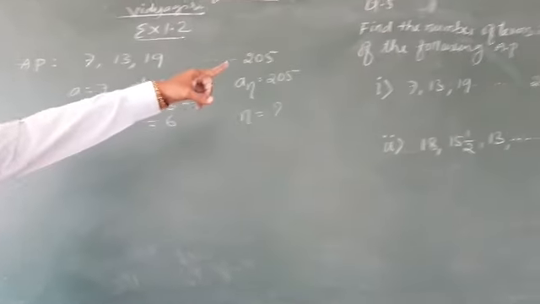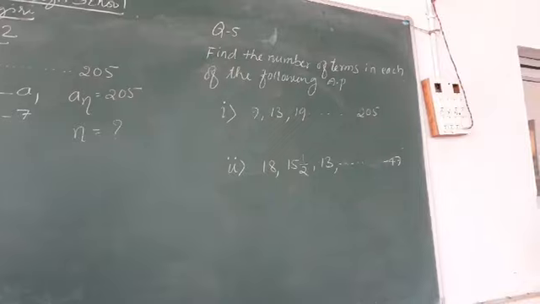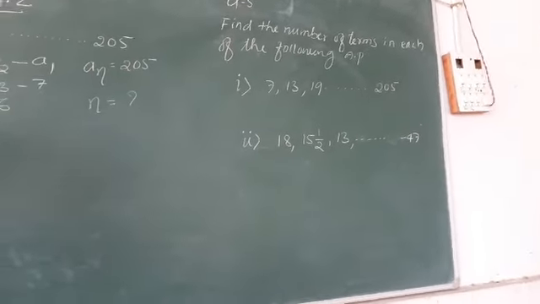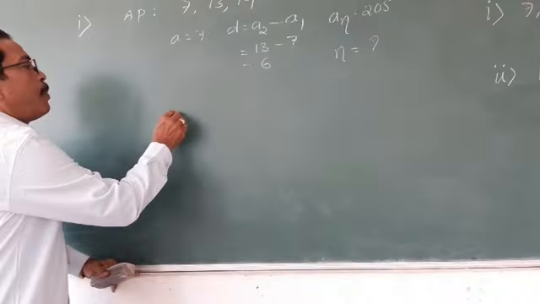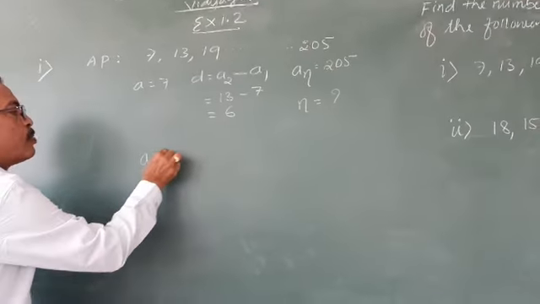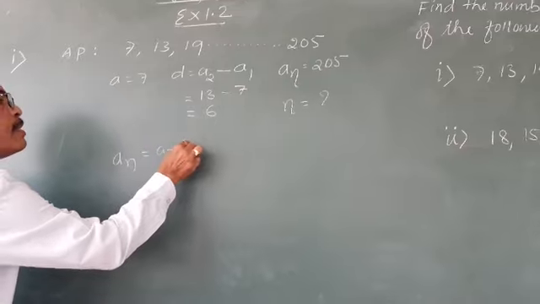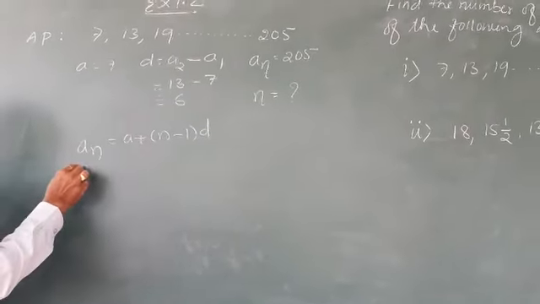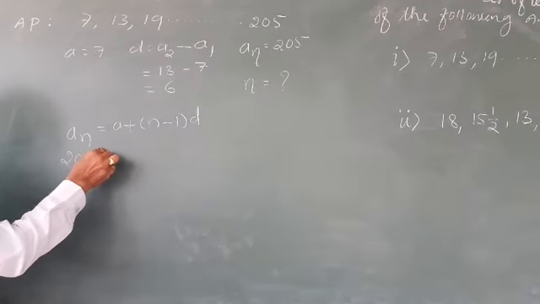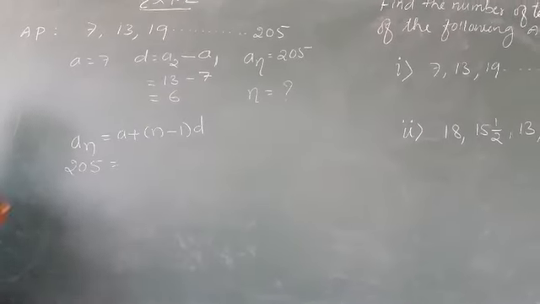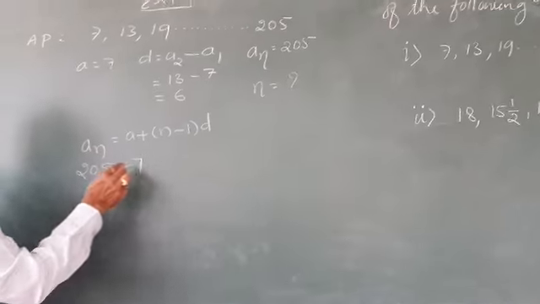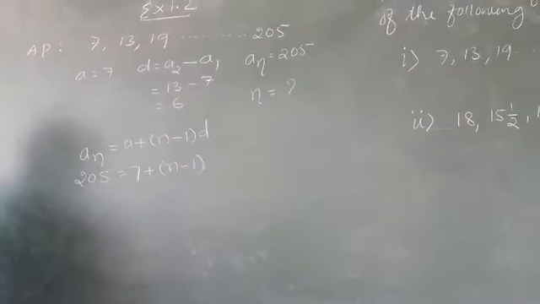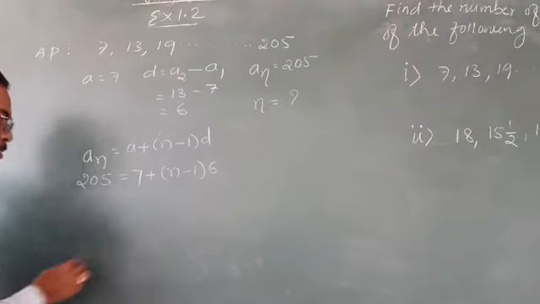See the question, find the number of terms. That means 205 is which term. So, applying a(n) equals a plus (n minus 1) into d. a(n) is 205. a is 7 plus n we do not know, keep as it is, (n minus 1). d is 6.